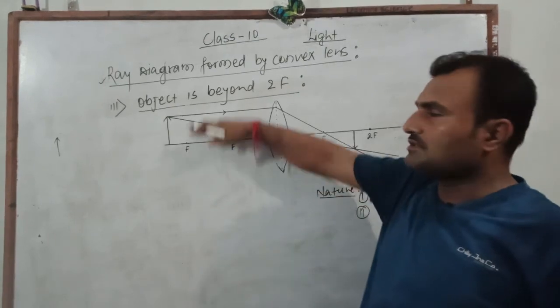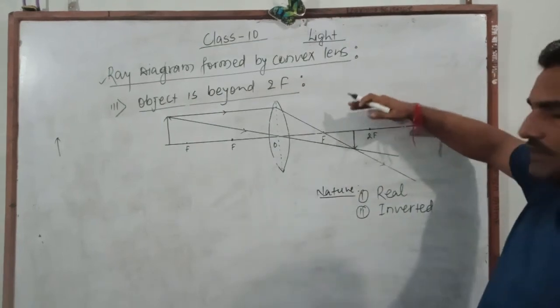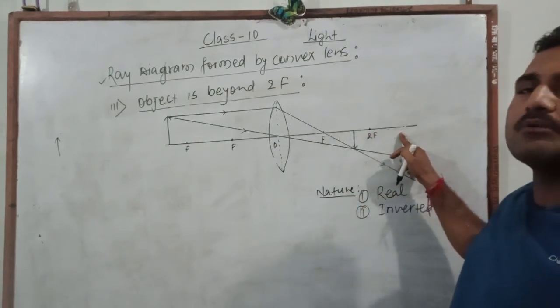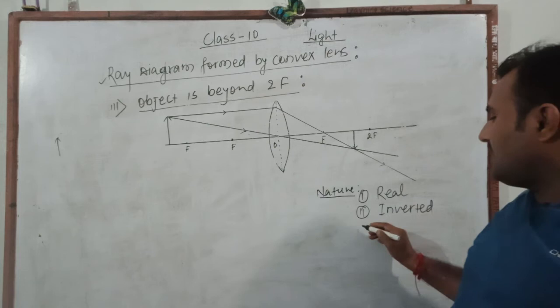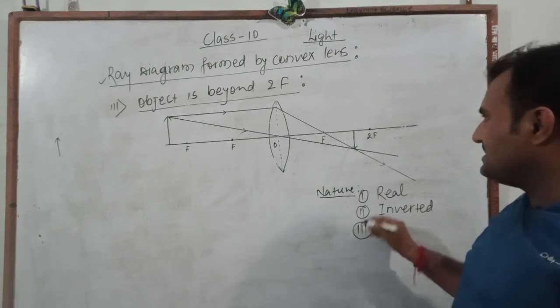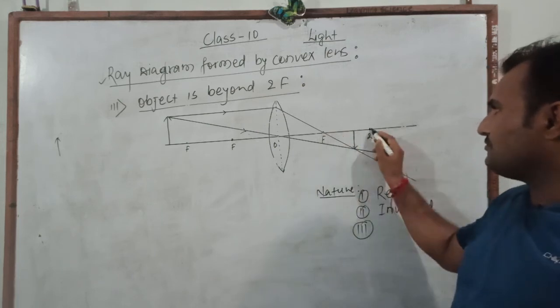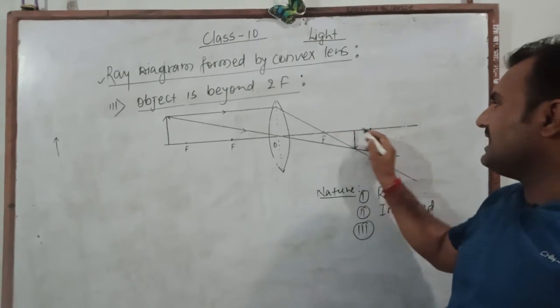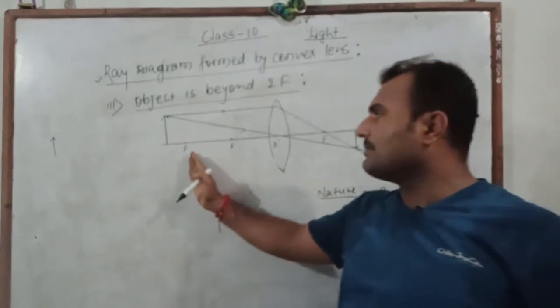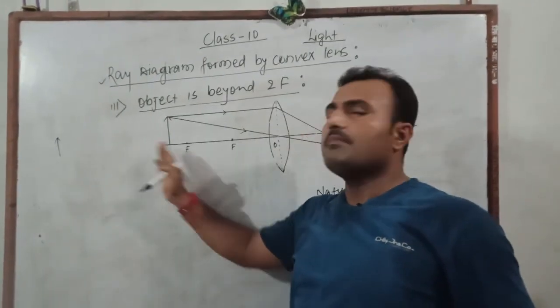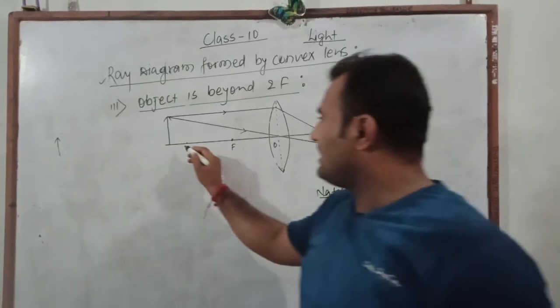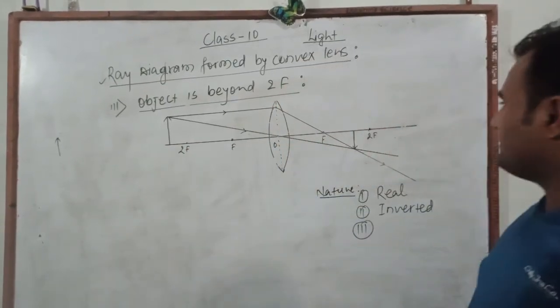The object is upward and the image is downward of the principal axis, therefore it is inverted. And where is the image formed? Between f and 2f. Any place between f and 2f, that depends upon how far it is from 2f.